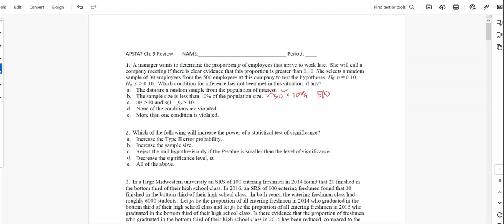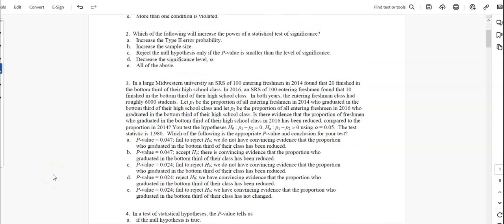That would be 30 times 0.1, which is 3. Is that greater than or equal to 10? That's not actually true. So I think this is the one that has not been met, the condition for inference. So I think it's C.